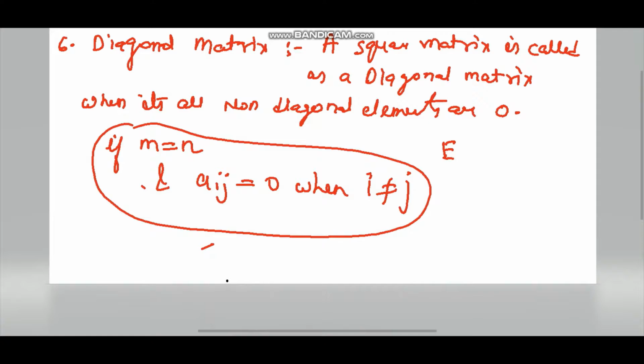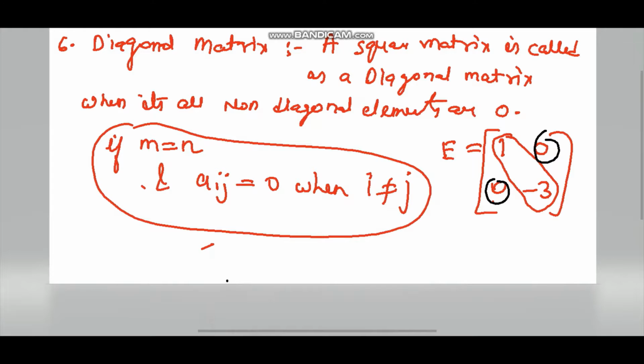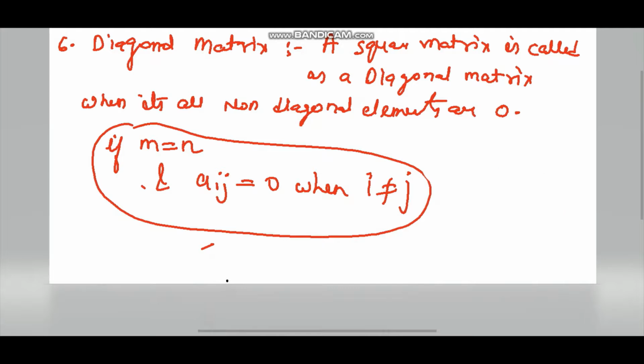Now let us take one example. E is equal to 1 0, 0 minus 3. See, its principal diagonal elements are 1 and minus 3 and all other elements are 0, hence it is called a diagonal matrix. Let us take another example.